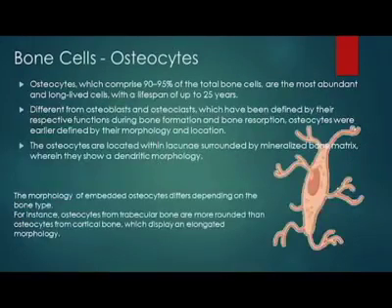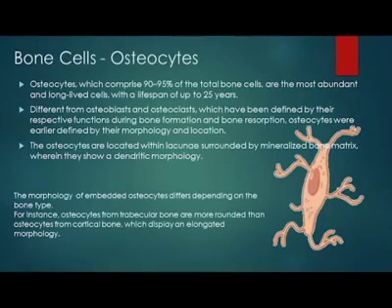The next type of bone cells are osteocytes, which comprise 90 to 95% of the total bone cells and are the most abundant and long-lived cells, with a lifespan of up to 25 years.